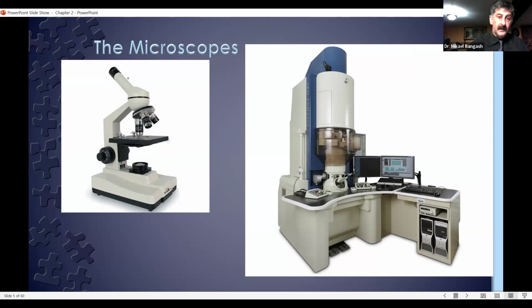This one here could magnify up to 1,000 times. This one here up to 250,000 times. So we have an eyepiece, and then we have different objectives. The eyepiece itself is going to magnify up to 10 times, whereas each objective here has its own magnification, so you can switch between these.